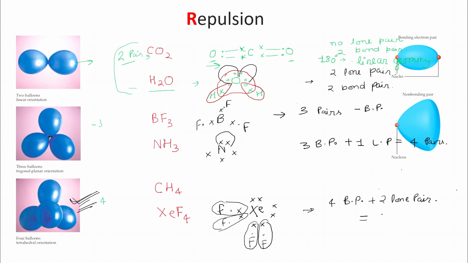There are 6 pairs. So 6 pairs we cannot arrange in the tetrahedral geometry. If we are arranging 6 pairs in some geometry, and all of them have to be at maximum separation from each other, the geometry will be something like this, where this is supposed to be a square planar thing.